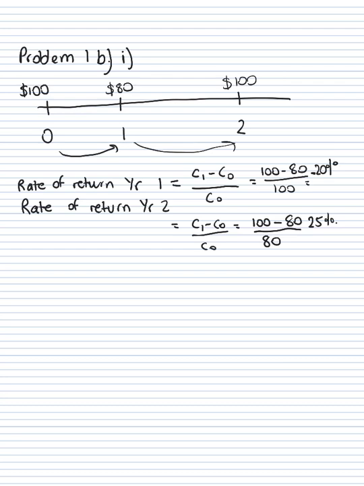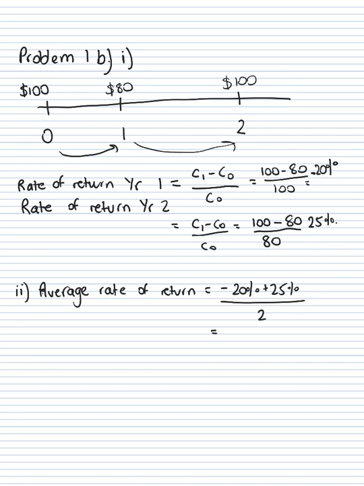Now, in part 2, if we're asked to calculate the average rate of return, minus 20% plus 25% divided by 2.